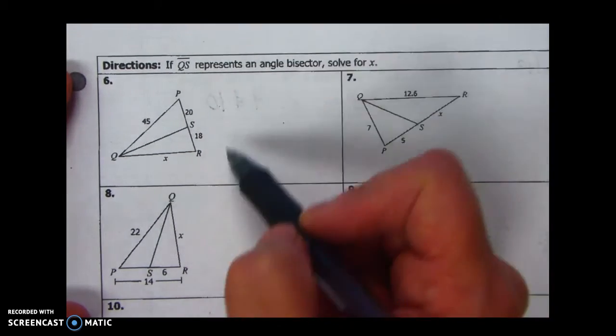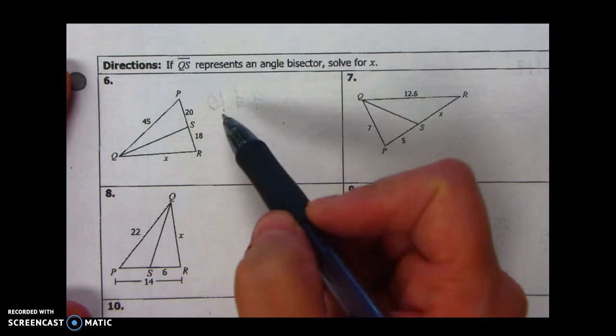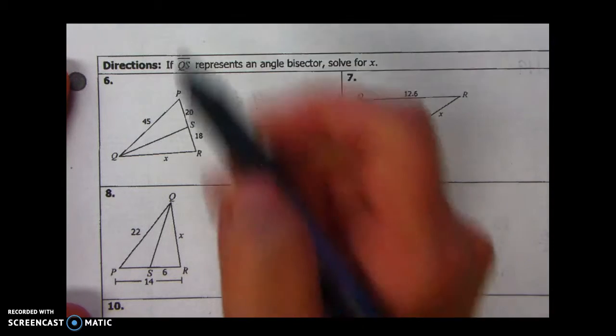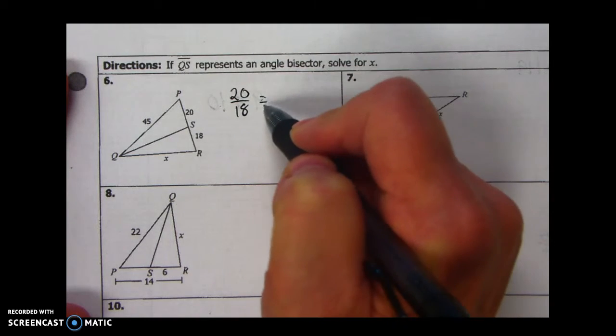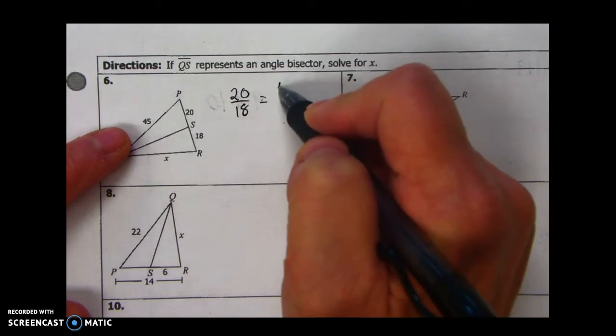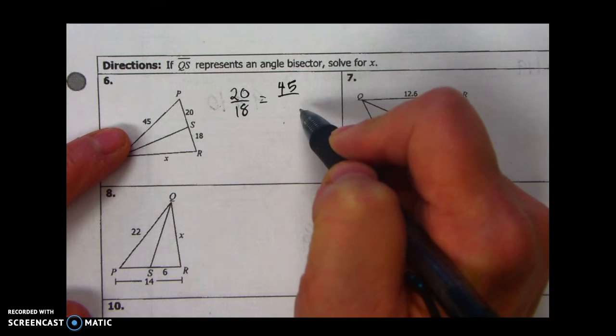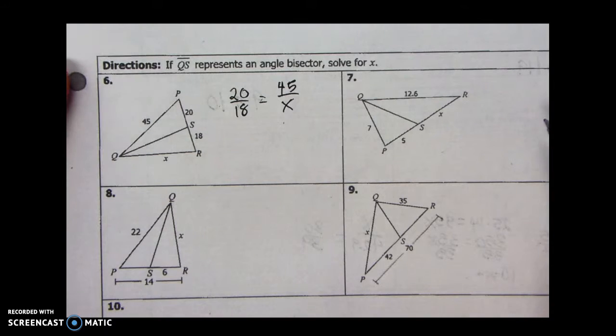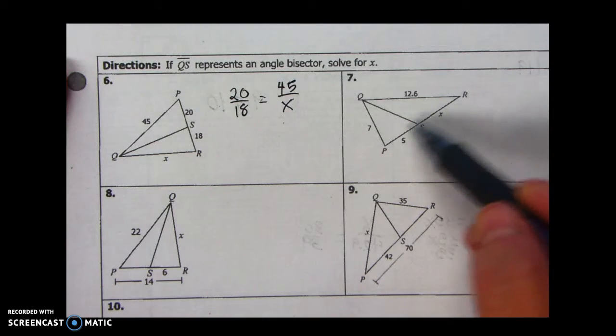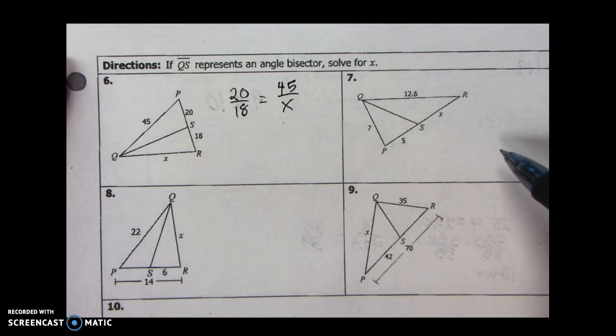Again, I'll just set this one up for you. We're going to start with this side. So 20 over 18 equals, I started here with that, 45 over x, cross multiply. And same sort of setup on number 7.